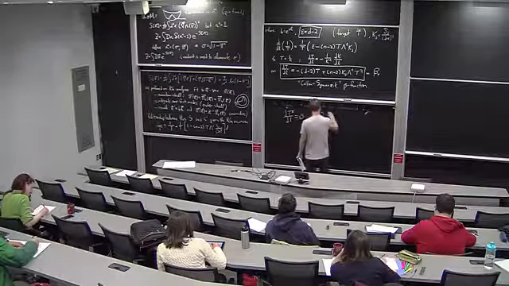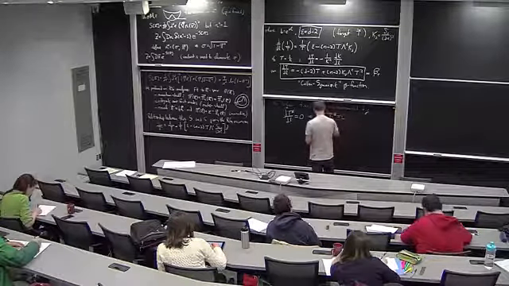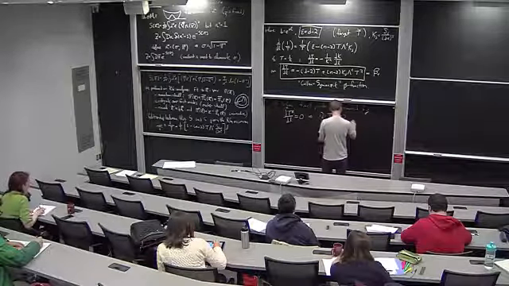So you get a trivial fixed point at 0 temperature, and you get a fixed point that's the analogy to the Wilson-Fisher fixed point.